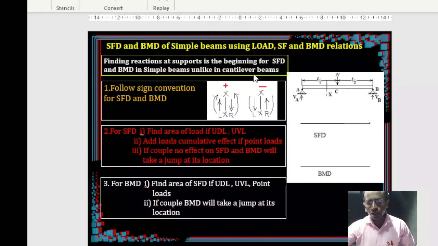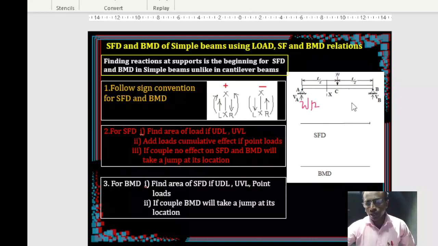We can refer to that, but because the loads considered here are simple, we don't have to endeavor much. For example, here is a concentrated load acting at the center, so with common sense I can put the reactions as W by 2 and W by 2.